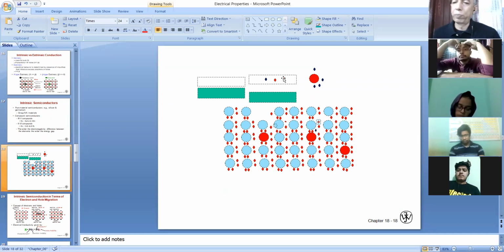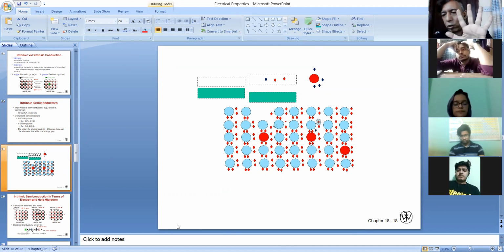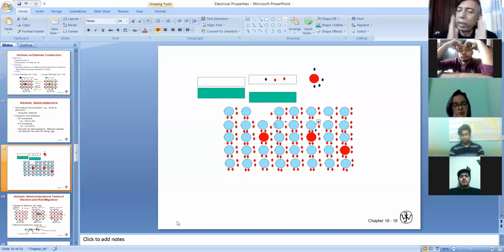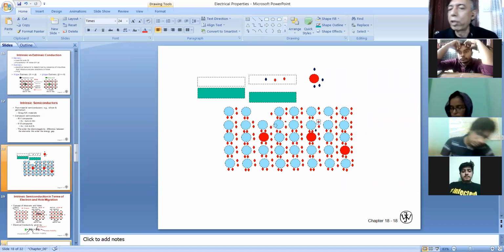So who is the majority carrier? The majority carrier here is the electrons, because there are 5 electrons. So majority carrier of electricity is the electron here, and the minority carrier of electricity is the hole in this type of semiconductor.